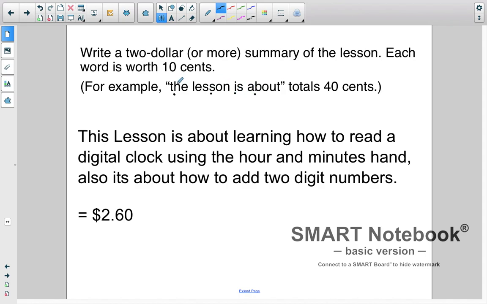So if we counted each word, 10, 20, 30, 40, that equals 40 cents. My example is something that we learned in 3rd grade. I said this lesson is about learning how to read a digital clock using the hour and minute hand. Also, it's about how to add 2-digit numbers. And if you count each word by 10, you will get $2.60.